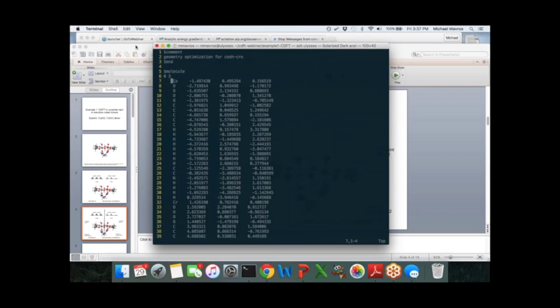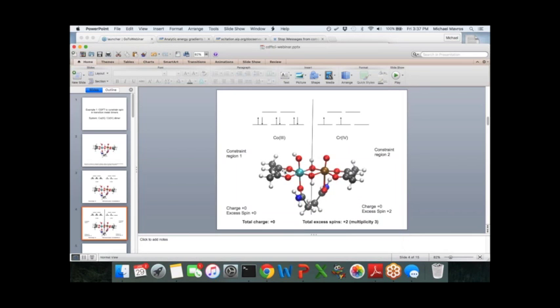So right now, going back to this slide really quickly, I have cobalt and then a bunch of stuff attached to it. And I want to make the constraint region as large as possible in order to allow any of the excess charges or spins to relax as they would chemically.